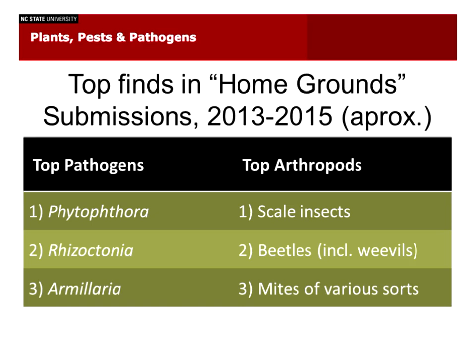The top finds on the other side, our database really isn't set up to answer this kind of question, but as an approximation, in those first 3 years, the things that we found the most in home ground samples were, on the pathogen side, Phytophthora, which, as you know, causes root rot on a wide variety of plants. And we usually see it in woodies in the case of our homeowner samples. Rhizoctonia surprised me a little bit, but what pushed it up to the number 2 spot there was its importance in turf.